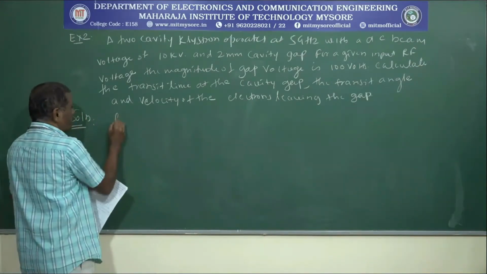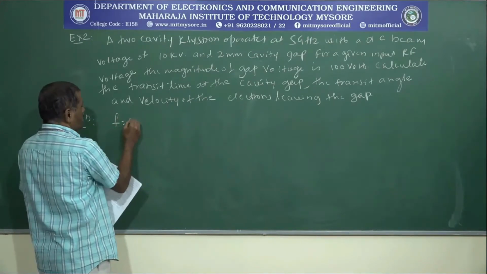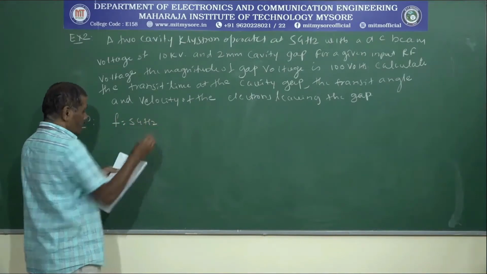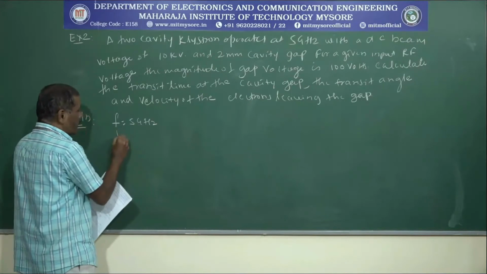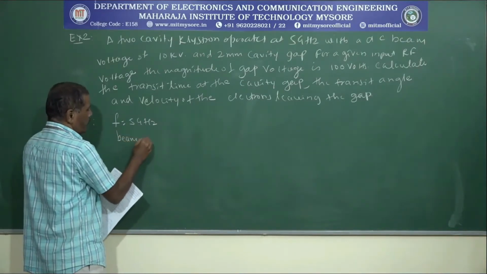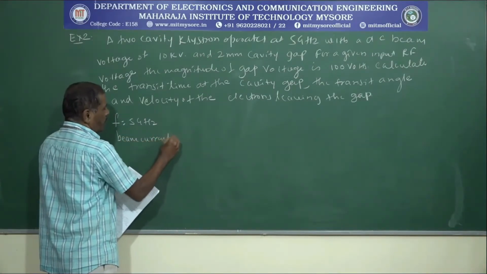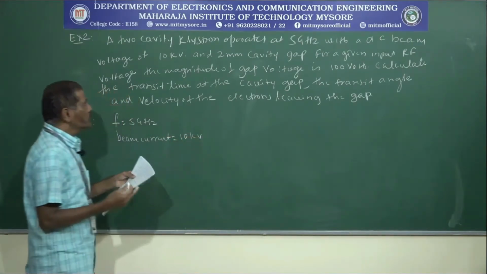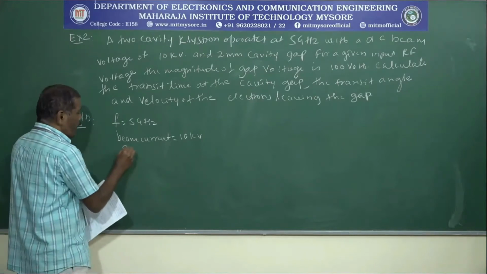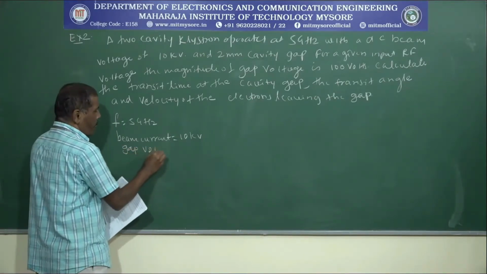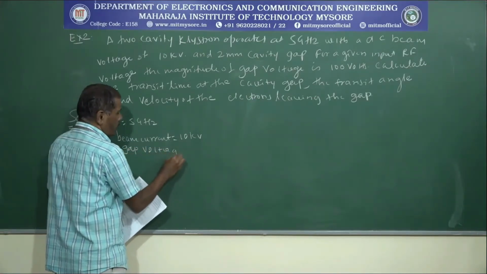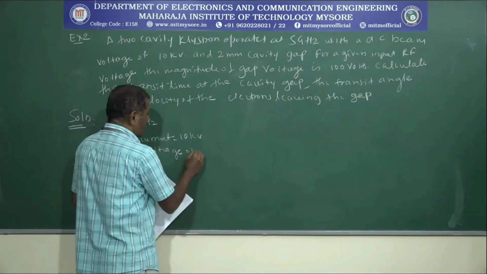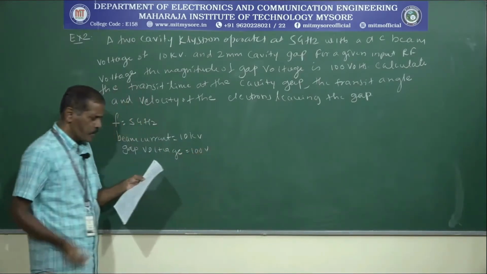Now for us the frequency is given. The frequency given is 500 gigahertz. Beam current is given. So this value is equal to 10 kilovolts, and gap voltage is given as 100 volts.